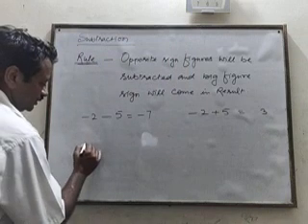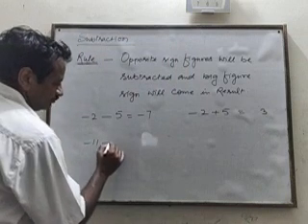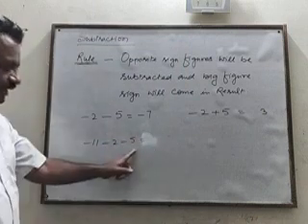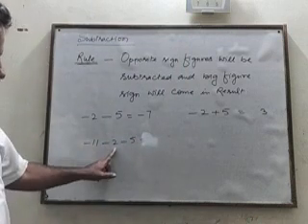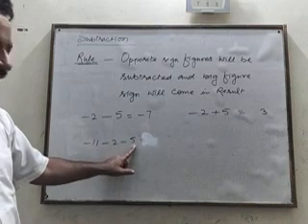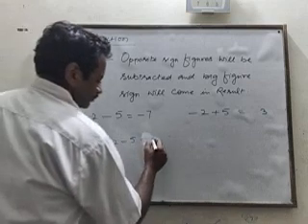Again, minus 11, minus 2, minus 5, all are negative. Minus 11 minus 2 is minus 13, minus 13 minus 5 is minus 18.